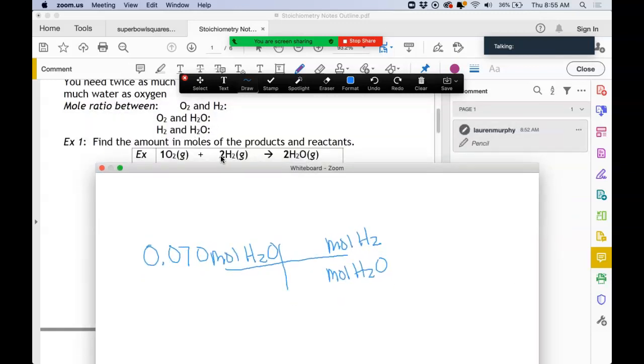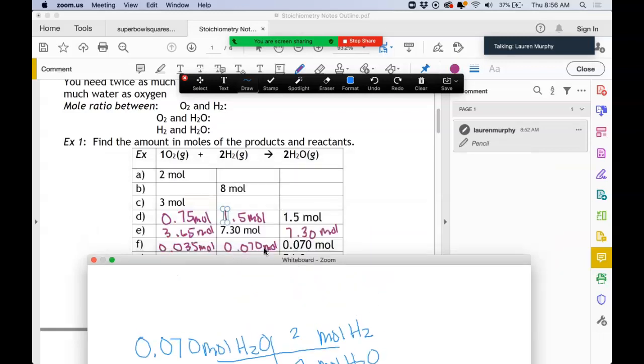For every 2 moles of water produced, 2 moles of hydrogen react. So 0.070 times 2 divided by 2 is still 0.070.